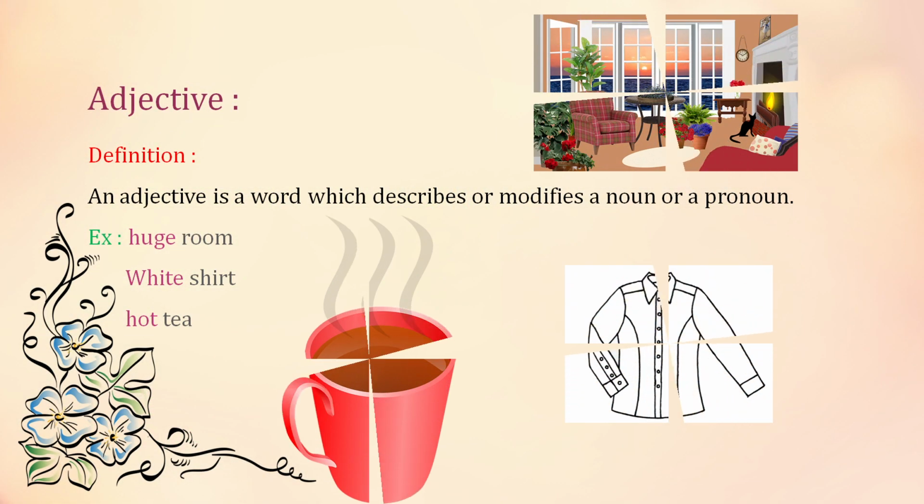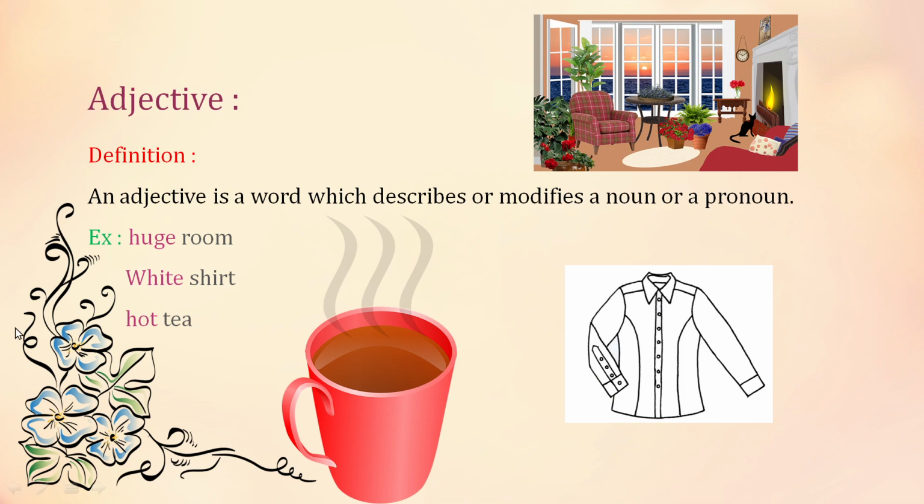Before explaining degrees of adjectives, let's have a quick recap of what an adjective is. An adjective is a word which describes or modifies a noun or a pronoun. It adds meaning or description to the noun or pronoun. For example, room, shirt, tea are nouns.